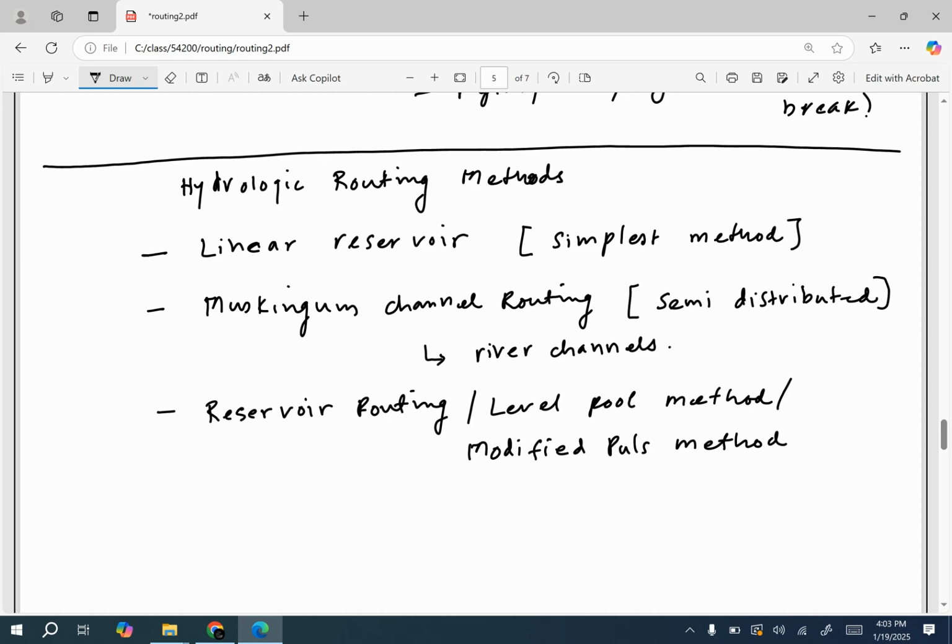As the name says, it is mostly used for reservoirs, and sometimes it can also be used for simple channels. So these are the three methods that we are going to study with regards to hydrologic routing, and we will not be studying hydraulic routing in this class.